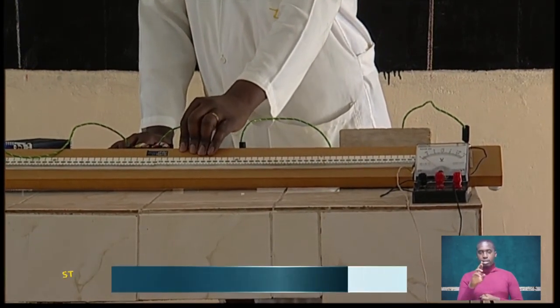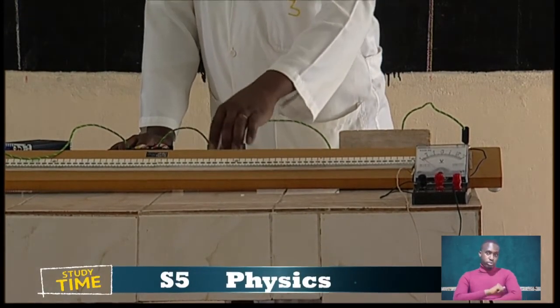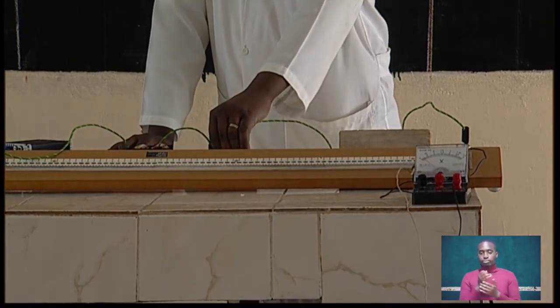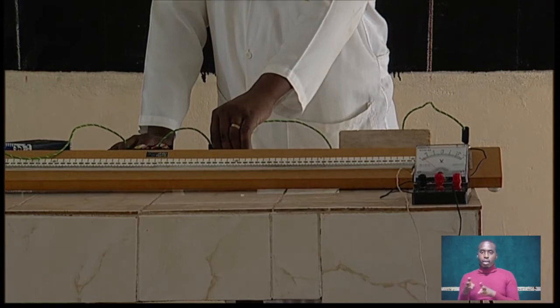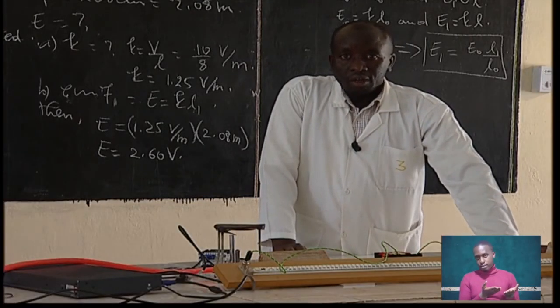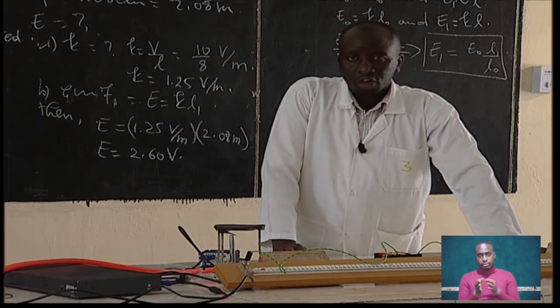Whenever you go back to school, I know that you'll have the materials. Try to arrange the materials in the same way, and carry out this demonstration on your own.